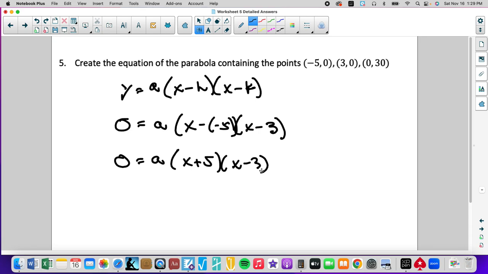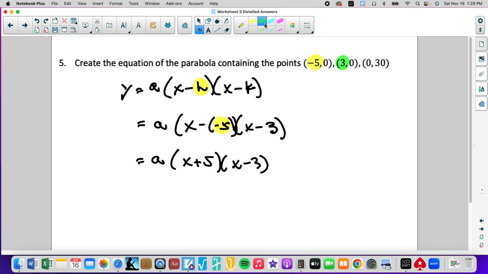Okay, yeah. And then maybe you plug in this other point. Oh, yeah. Let's plug in my other point. Let's see if this works. So this goes in for this.